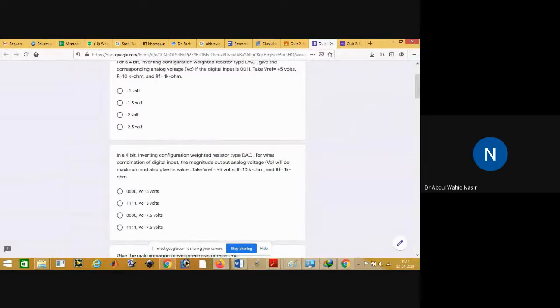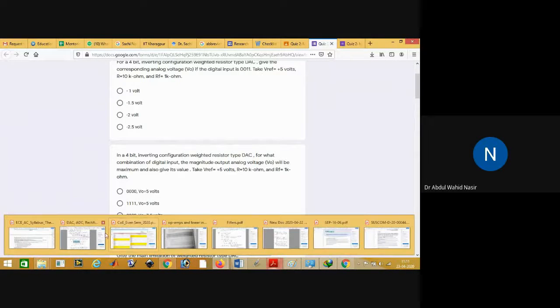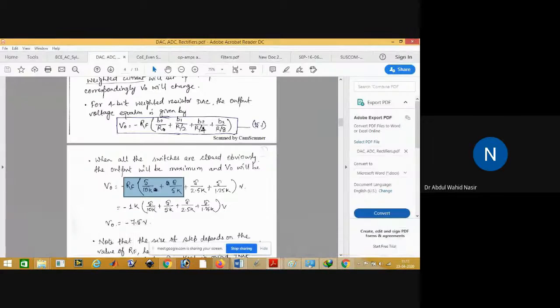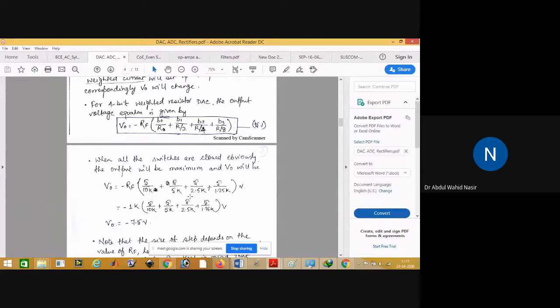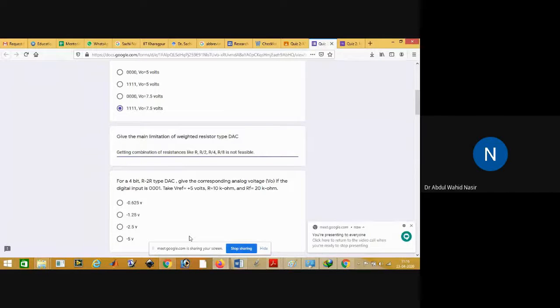The maximum can be calculated again using the same formula. Since all bits are connected to 5 volt, everyone is clear?